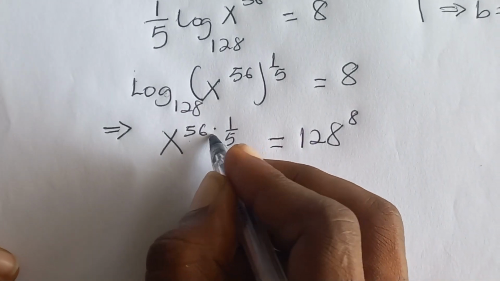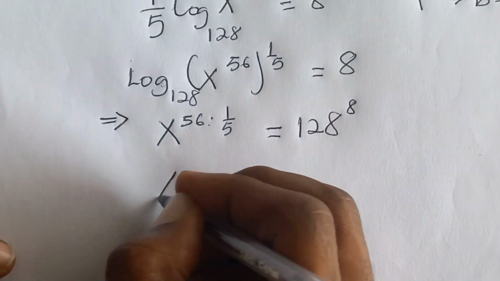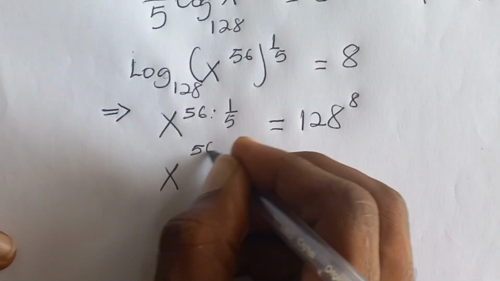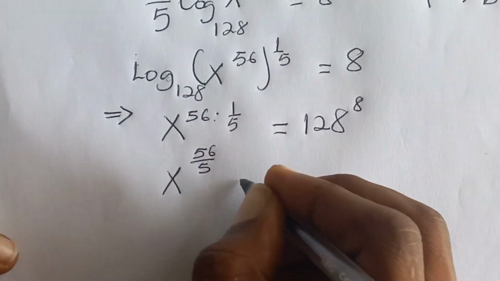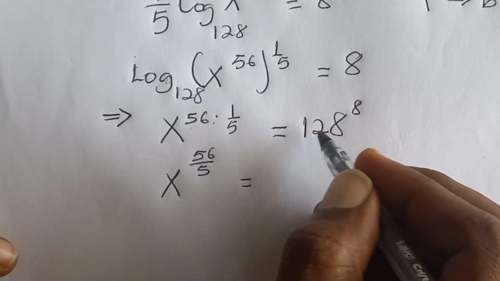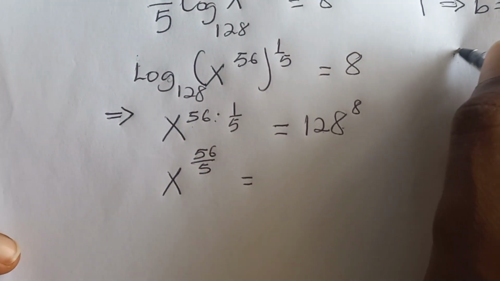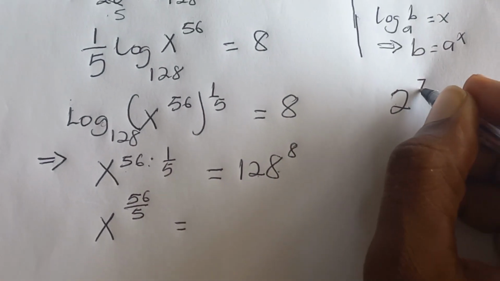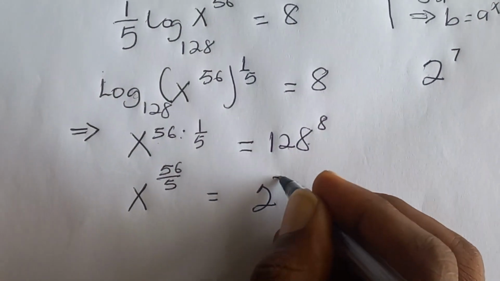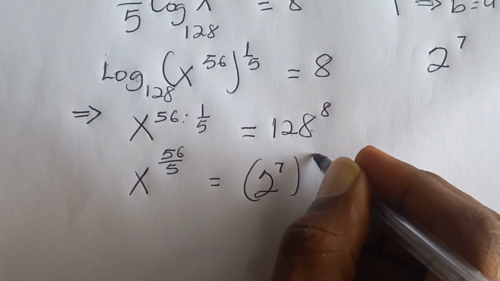Exponent 56 multiplied by 1 on 5 is going to be x exponent 56 on 5, which is equal to 128 exponent 8. Now 128 we can express as 2 exponent 7. So we are going to get 2 exponent 7 in bracket exponent 8.